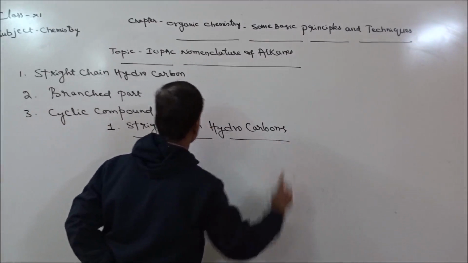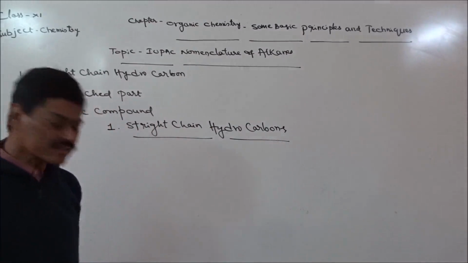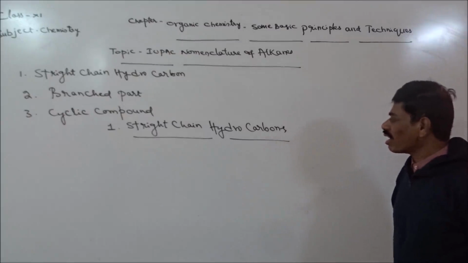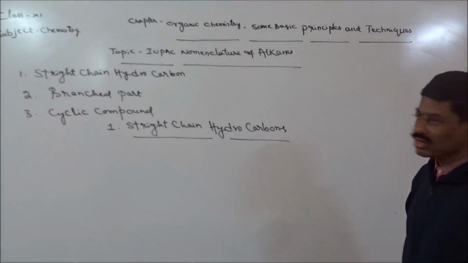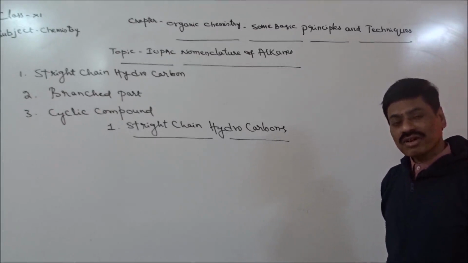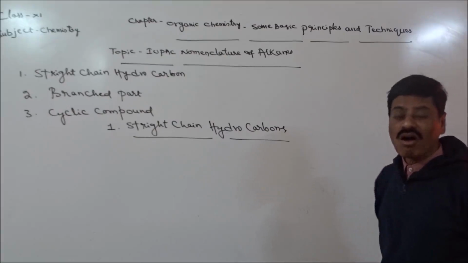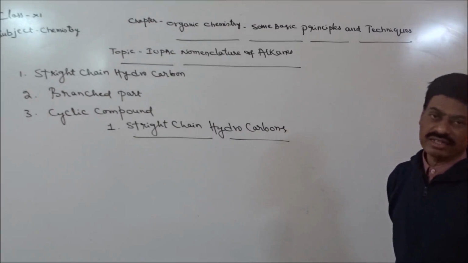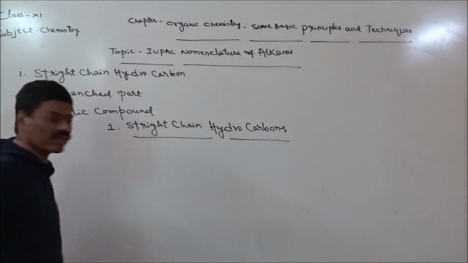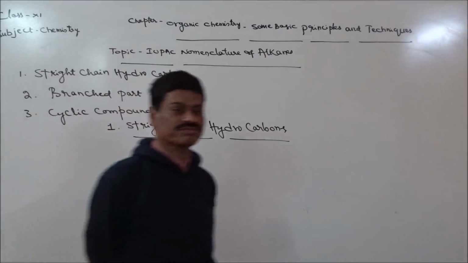This title itself is informative. In the given organic compound or alkane, there must be a straight chain, a long chain. Right? Now let us see one example. There can be branches also.